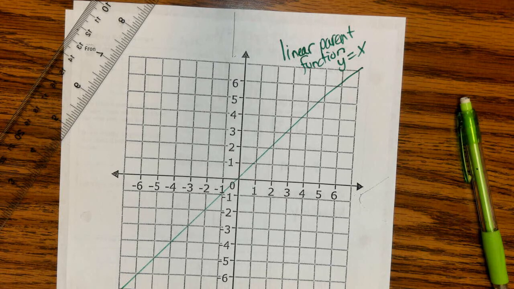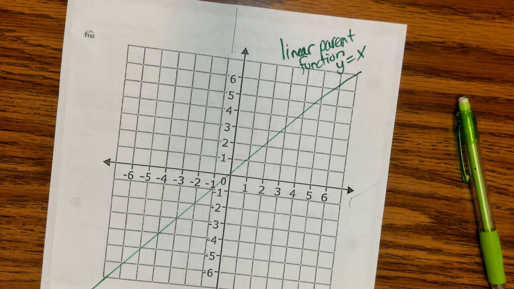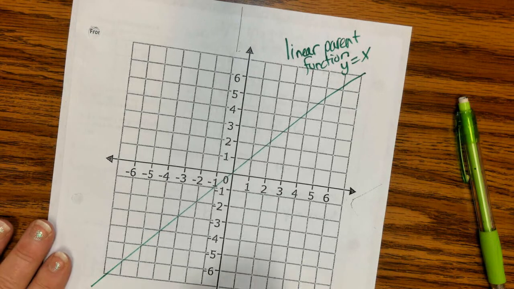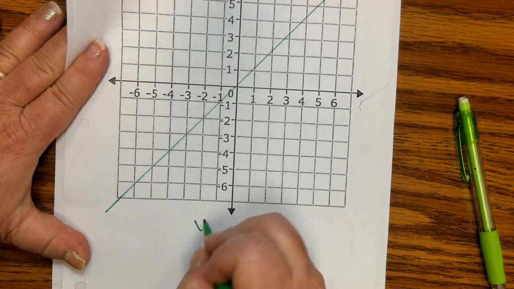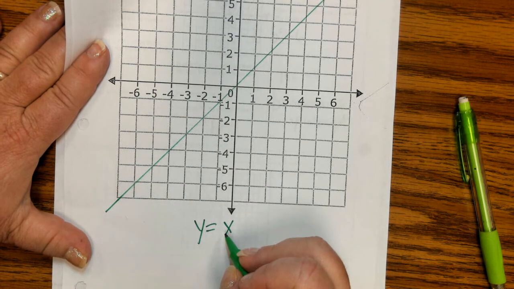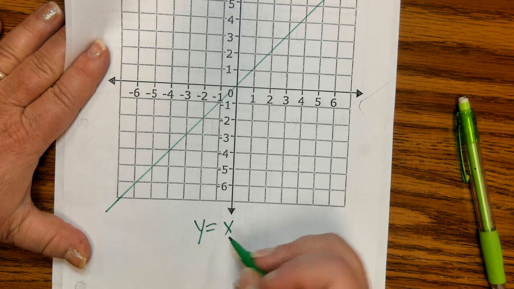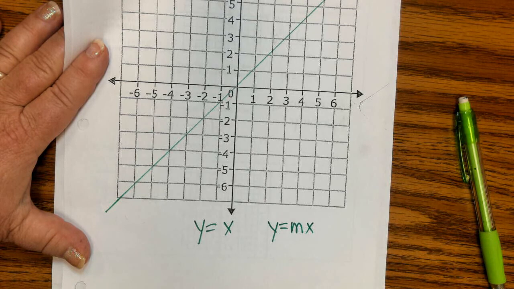If you don't have a y-intercept, in other words, I told you that your y-intercept was b, correct? So if you have y equals x instead of y equals mx plus b, well, you still have an m here because it's just 1. So I'll rewrite that as y equals mx. It's the same thing, okay?